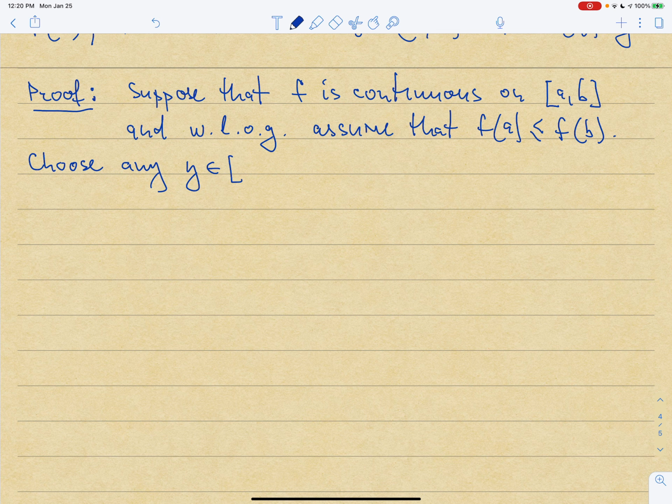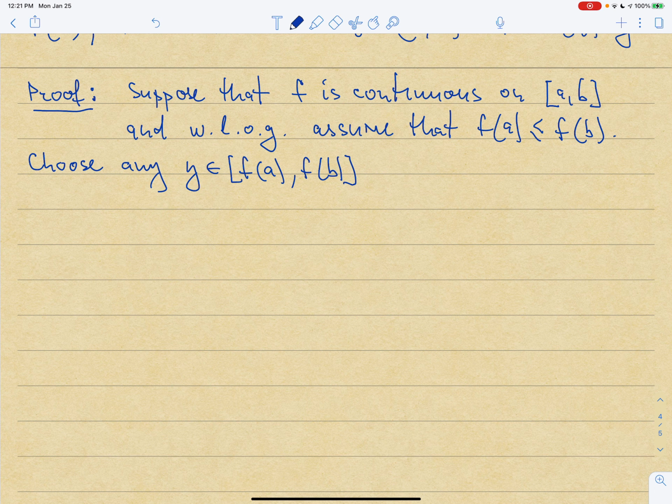Let's try it this way. Now, if f of a actually is equal to f of b, then the proof of the statement is going to be trivial, because I can choose any x inside the interval from a to b, and the value at that x is going to be equal to y.